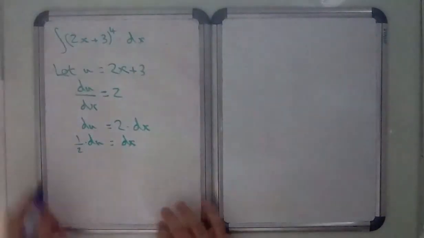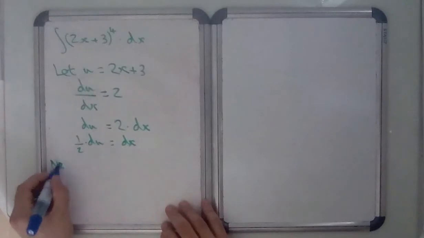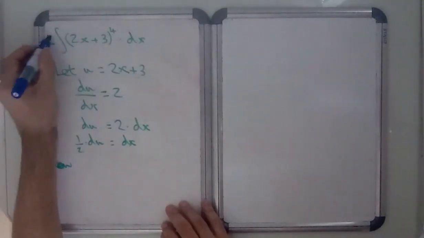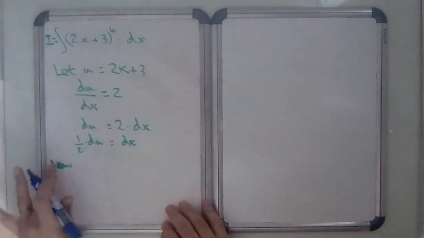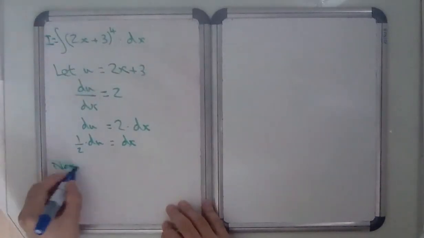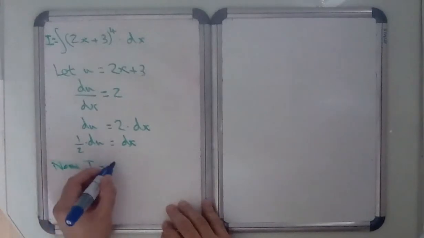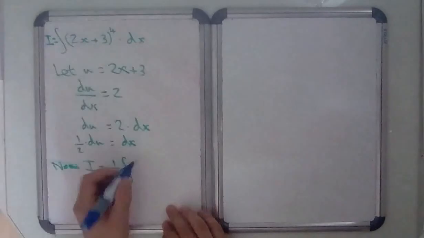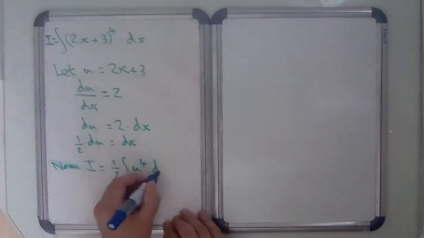So now we're going to rewrite the integral. I would normally call this little I, the I for integral. So now I equals a half times the integral of u^4 du.